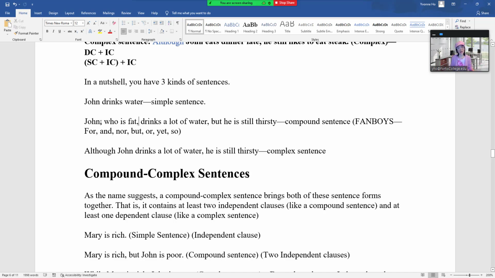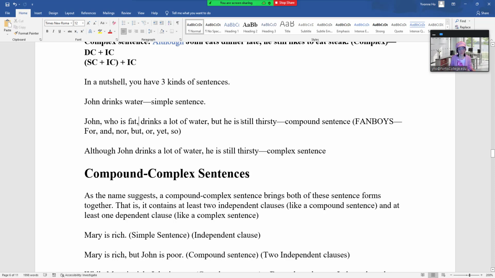So if I add a dependent clause into my compound sentence, then I convert that compound sentence into a compound complex sentence. Why? Because he is still thirsty. That's an independent clause. John drinks a lot of water, but he is still thirsty.